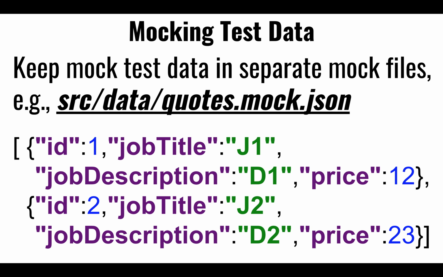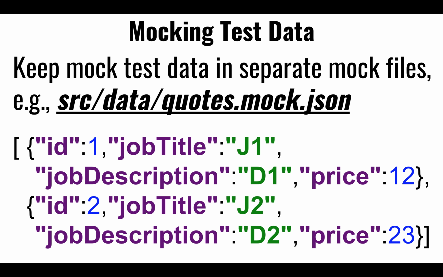So let's consider some mock data. For instance, here's a couple of quotes that contain some description, a price that was being quoted, the title, the name of the quote, and some IDs 1 and 2, and we've stored it in some JSON file.